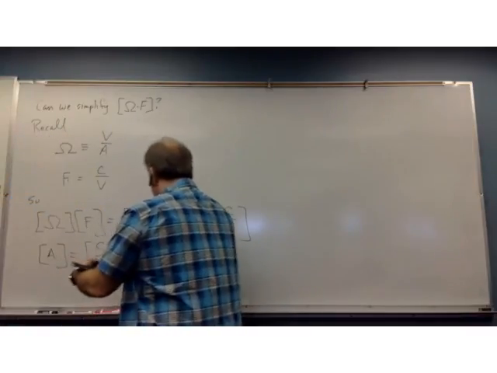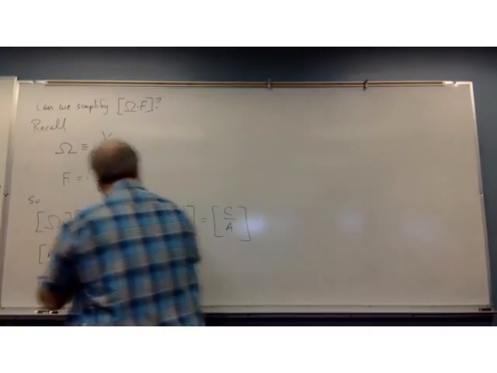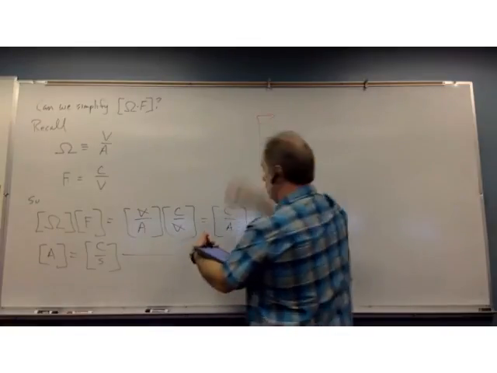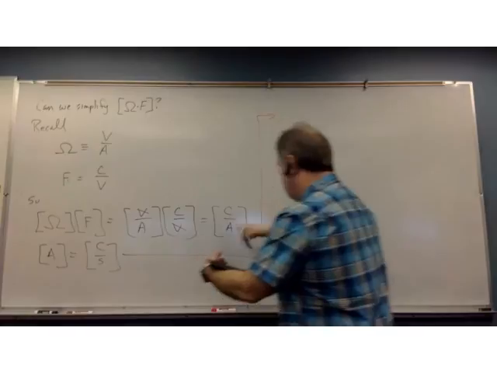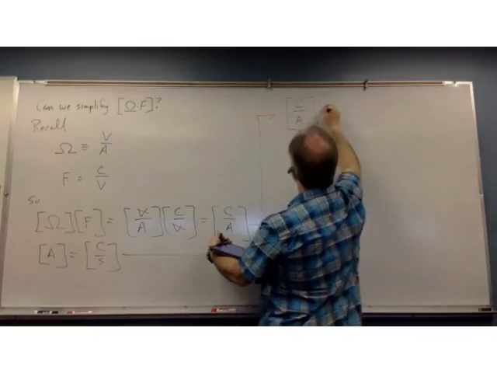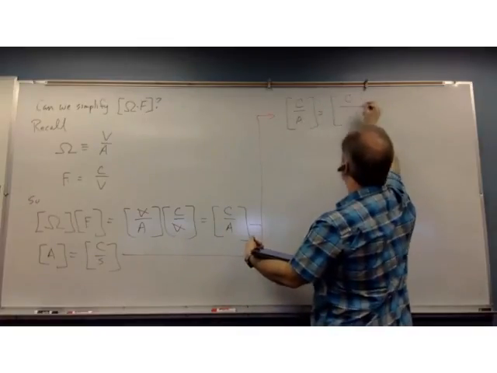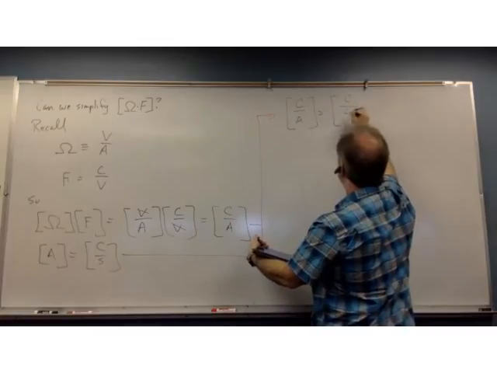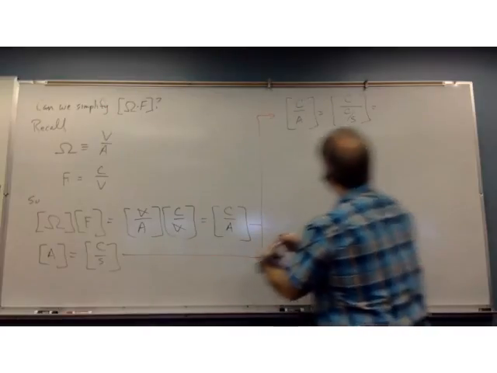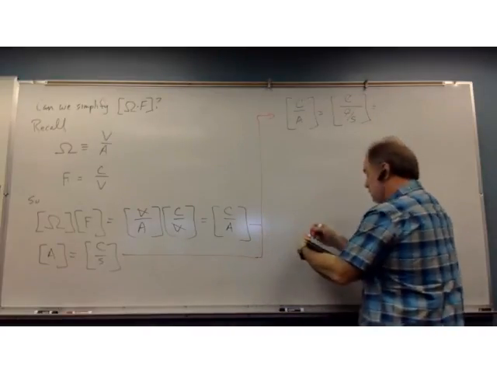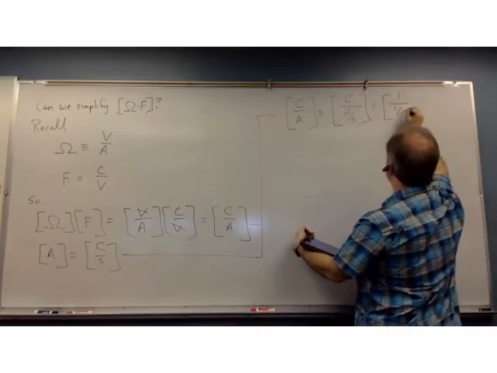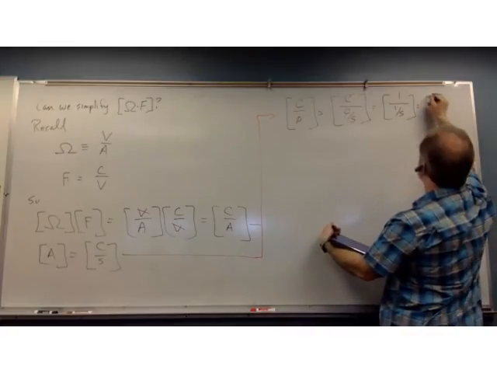So if I combine this and this together, a coulomb per amp is a coulomb per coulomb per second. The coulombs divide out, and I'm left with 1 over 1 over seconds, which is just seconds.